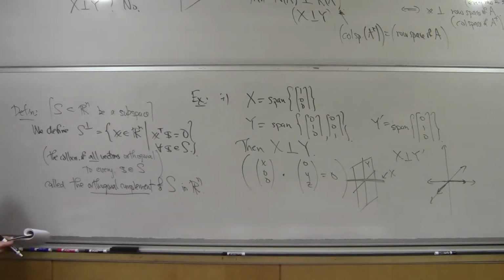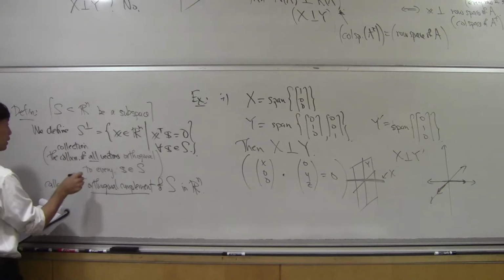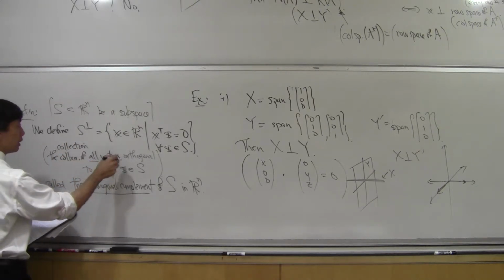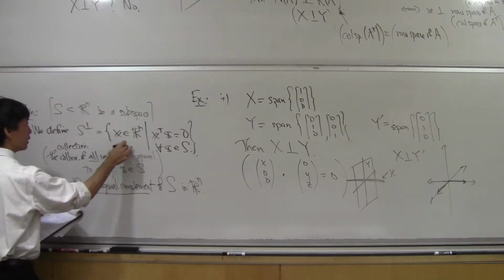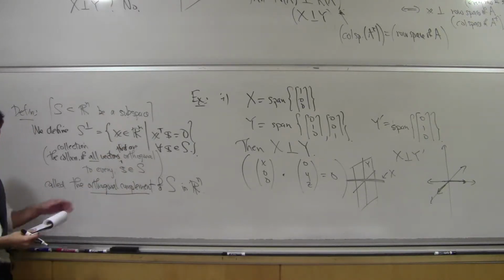So you would write in parentheses there: the collection of all vectors that are orthogonal to every s in S.